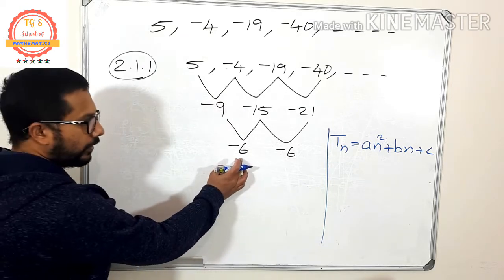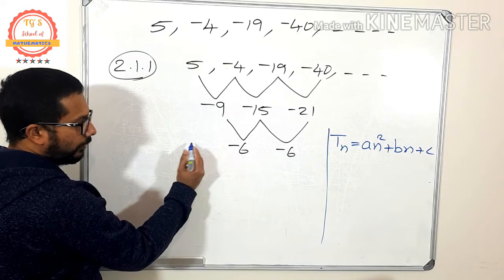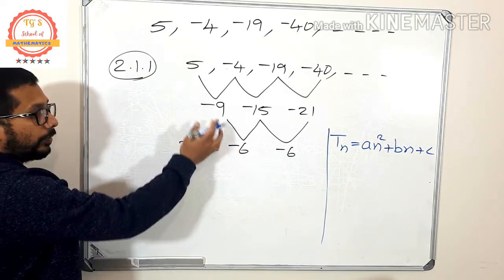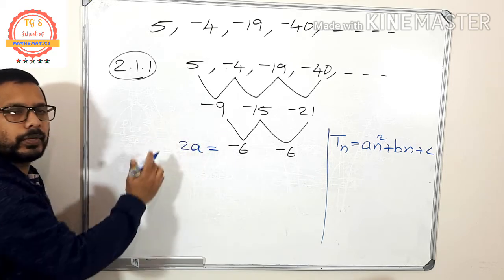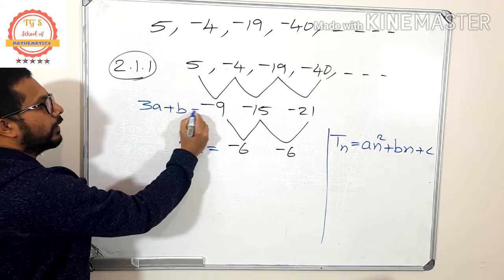Do you remember you studied in your class? We call the second difference 2a. And the first difference is 3a plus b.